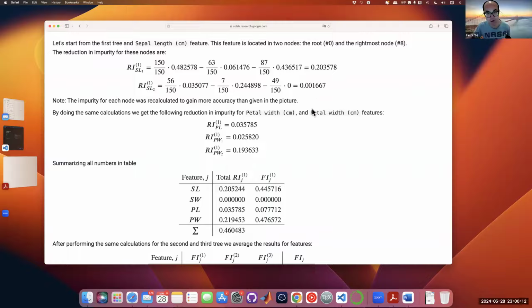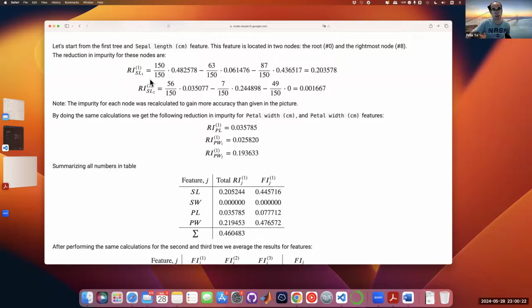You can do very similar things for sepal length 1 and sepal length 2. The first time we see sepal length, there is a large reduction in impurity. The second time we have the sepal length feature, the reduction in impurity is super small. So we need to add them up.